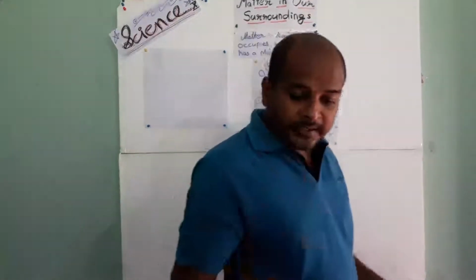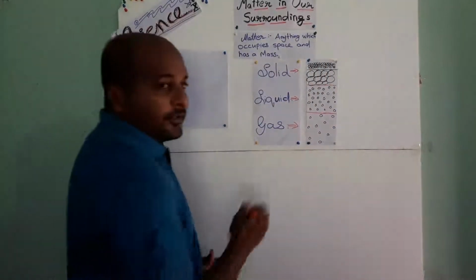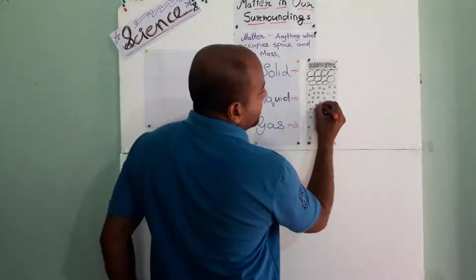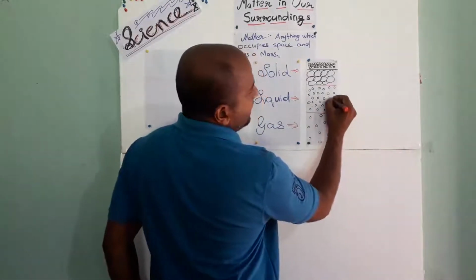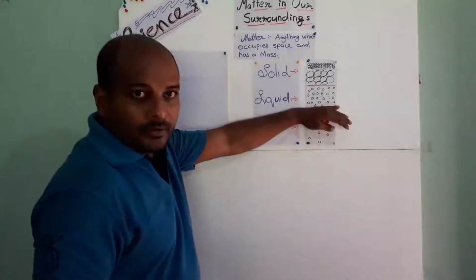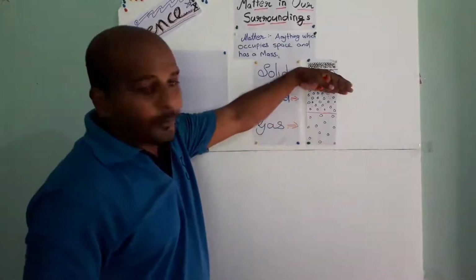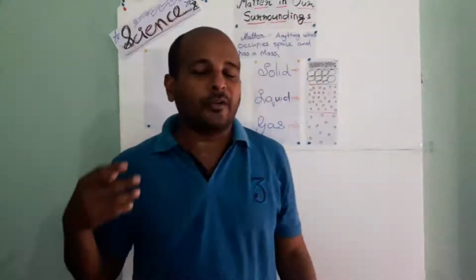What they are doing? They will just go in between these water molecules. Understand? Like this. They are not getting accumulated at the bottom, neither at the top. What happens to these small particles of sugar or salt?